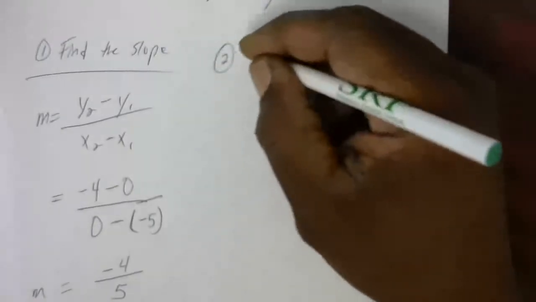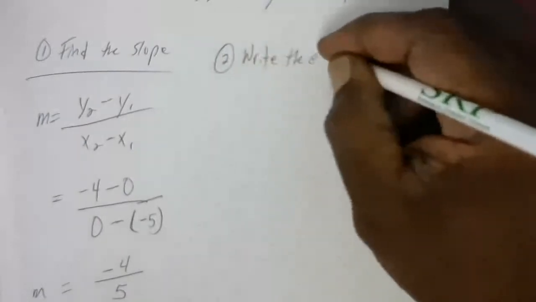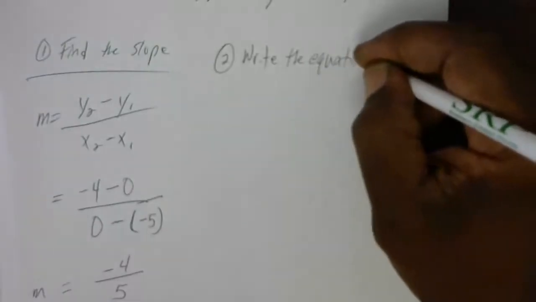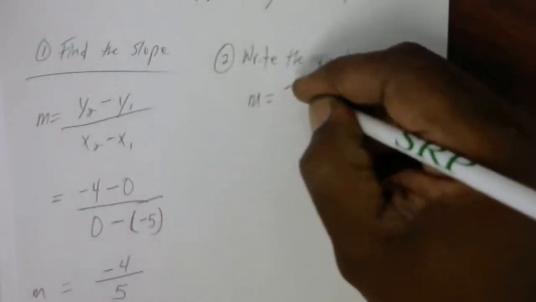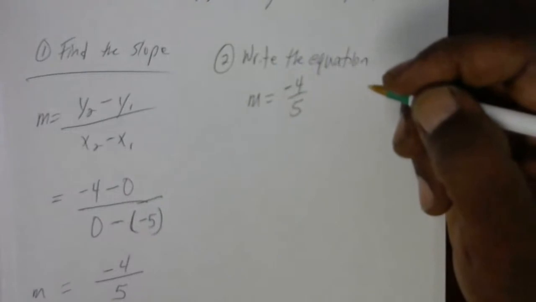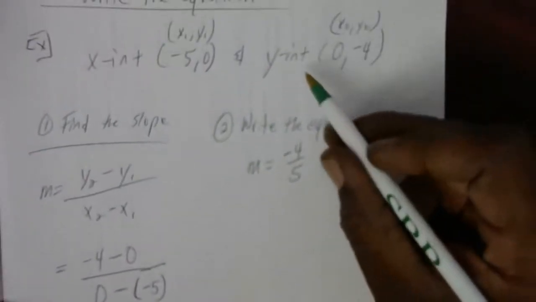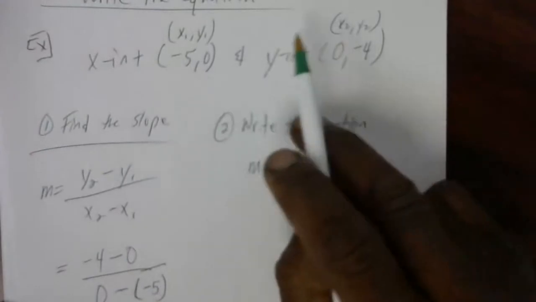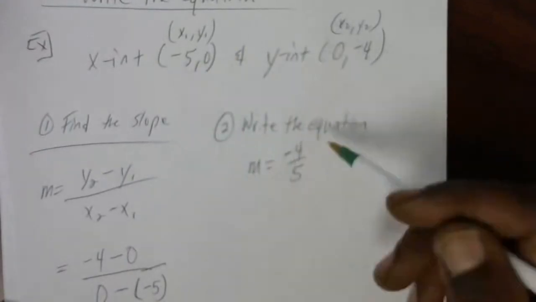So now we're going to write the equation where m is equal to -4/5. And I have 2 points. I can use this point or I can use this point.